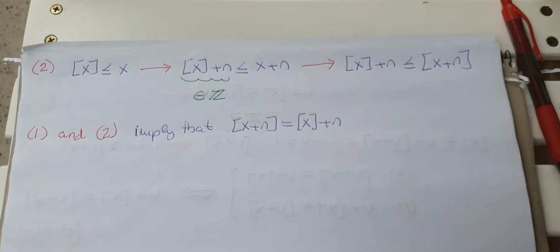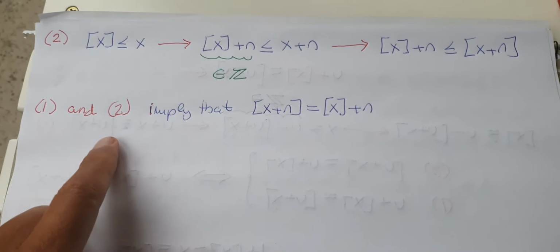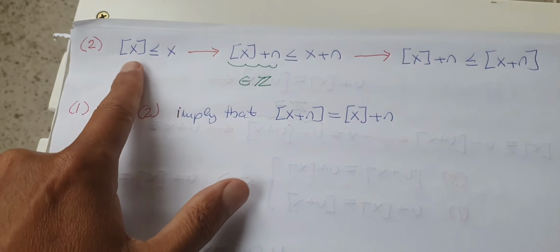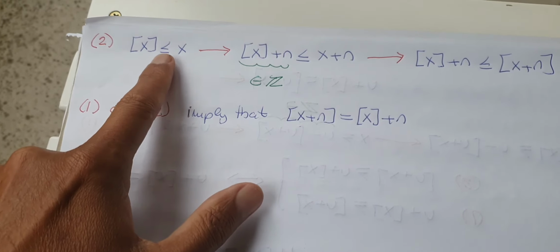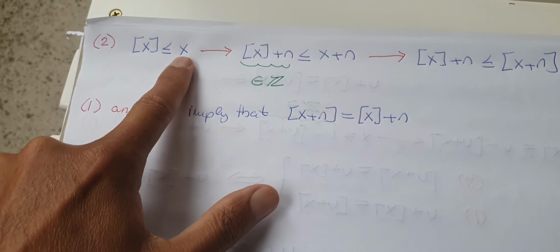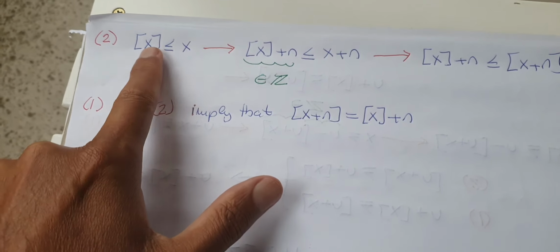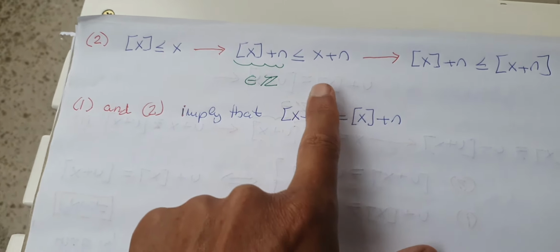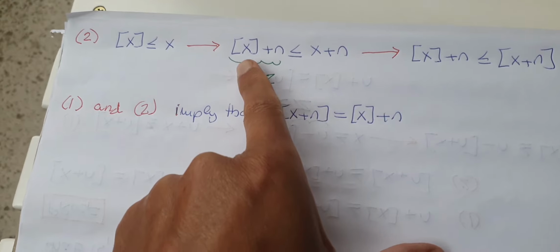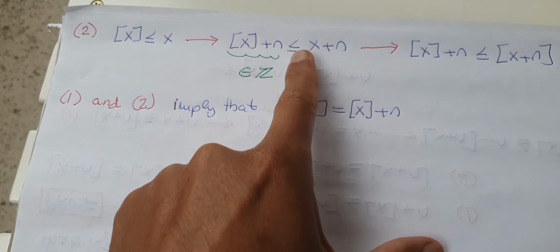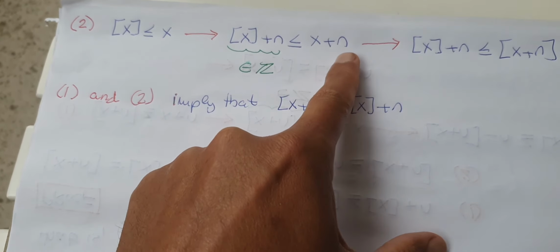So now to the second inequality. By definition, the integer part of x is less than or equal to x. And now by adding an integer to both sides of the inequality, we get the integer part of x plus n is less than or equal to x plus n.